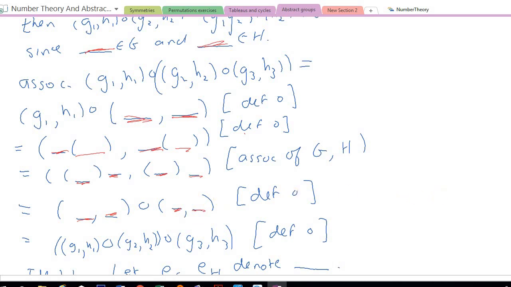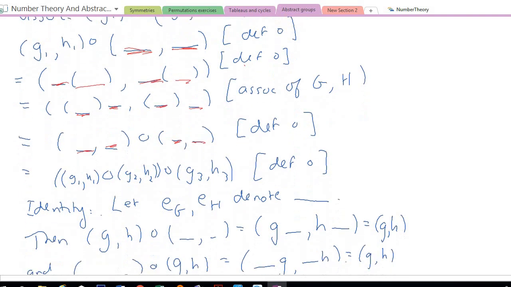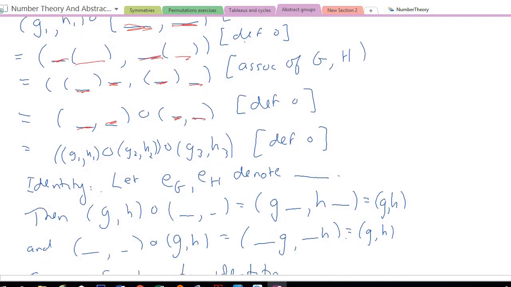Now, of course, you want to do identity, and to do that, I suggest you use this kind of notation. Let EG and EH denote the identities of G and H respectively, because you don't know what they are. You could use 1G, 1H, or some other terminology, but you're going to need some way to indicate what the identity of G is and the identity of H is.